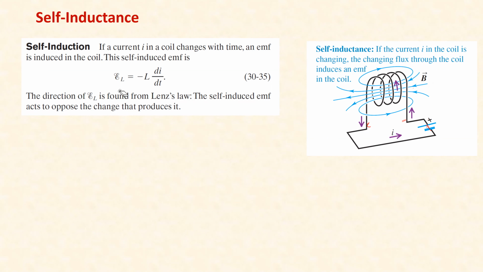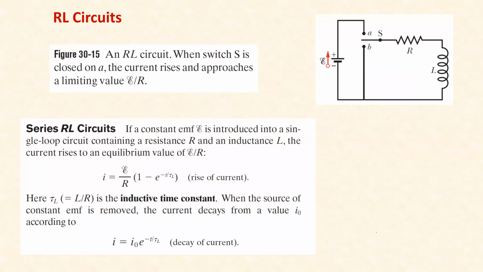All right. Now, if you have a circuit that has an inductor in it, you see what happens. You have a battery, a resistor, and an inductor. Normally, if this was just a simple wire, when you connect it to A, suddenly there's a current.